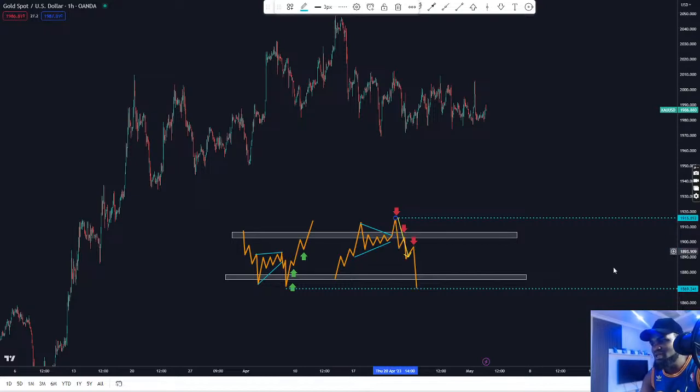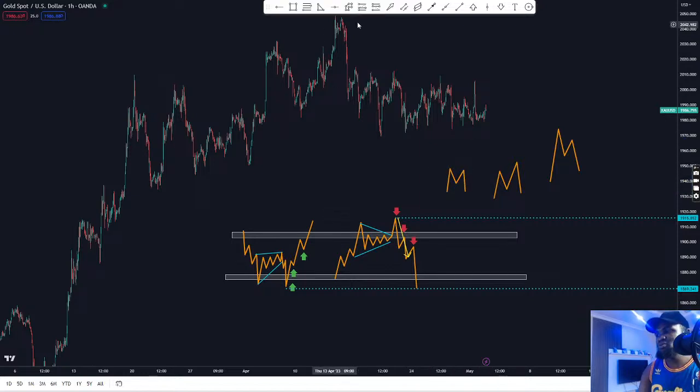What do I mean here? You need to see this structure of M. You can also see this structure of M. You can also see this structure of M. So what do I mean here?